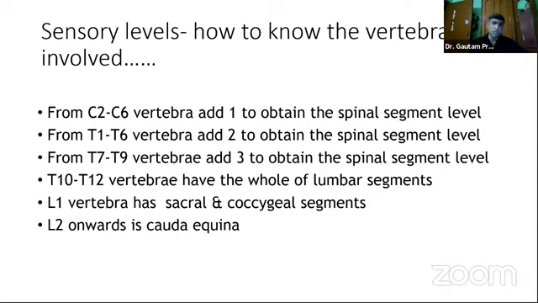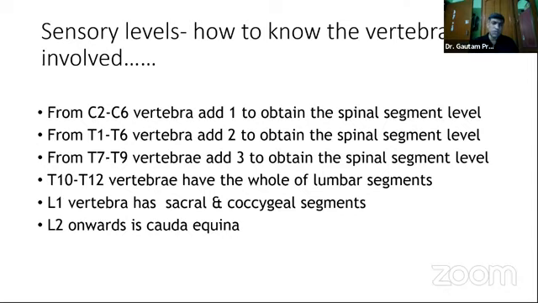So always remember, for the nerve root which comes out from C2 to C6, you have to add 1. So if the C4-5 disc space is getting affected and there is spondylodiscitis, then you add 1. So C6 will be the sensory level from where downwards you will appreciate hypoesthesia.